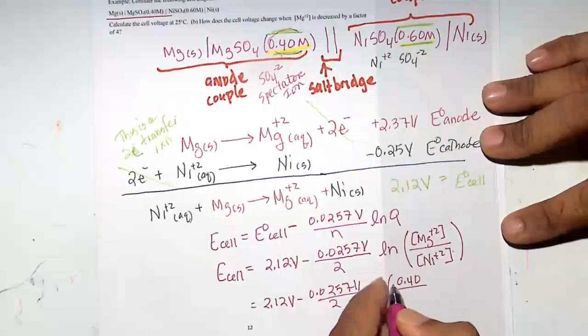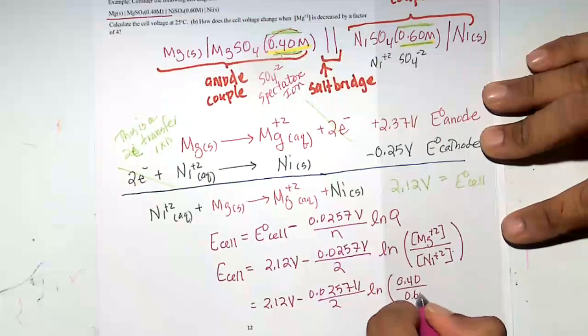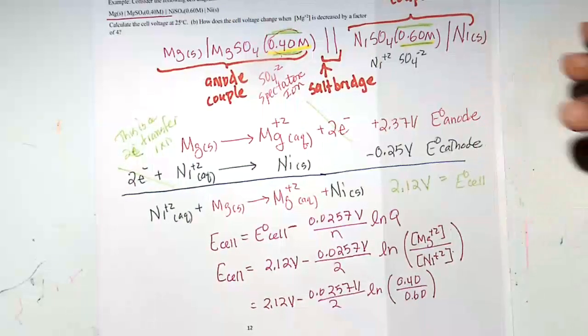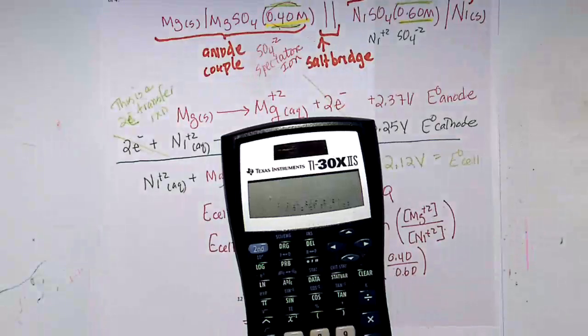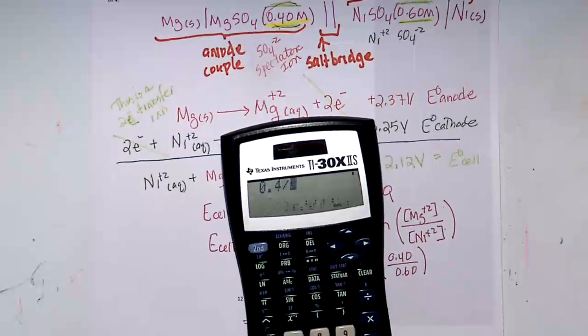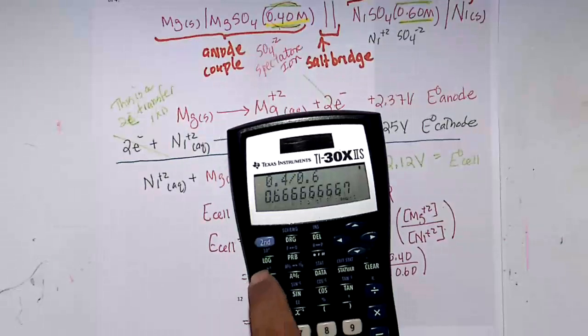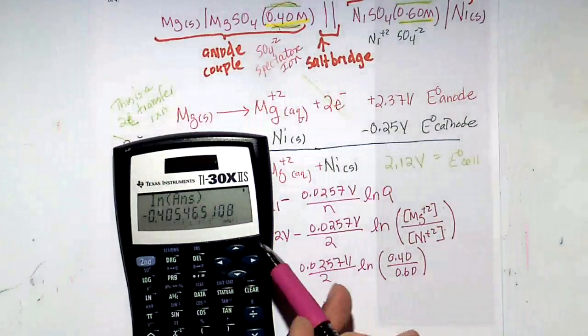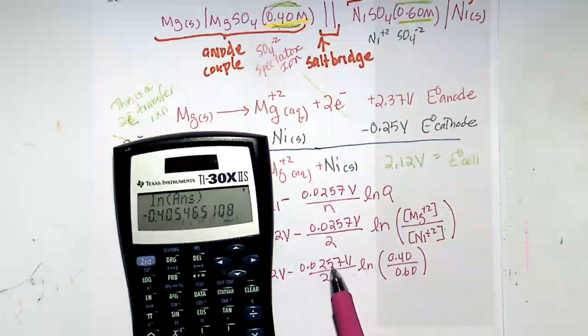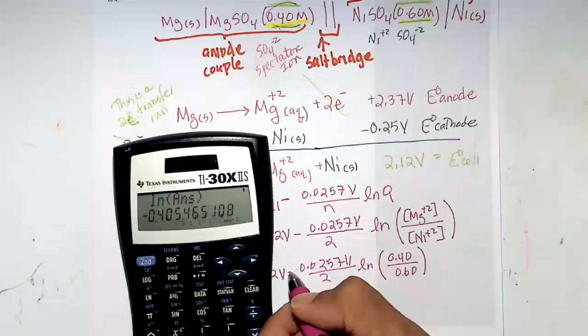Okay, 0.40. Nickel plus 2 is 0.60. Okay, can we do this on our calculator? All right, let's do this on our calculator. 0.4 over 0.6 is 2/3. Okay, and the natural log of 2/3 is negative. Everyone see, I'm going to take the natural log of this and multiply it by negative 0.0257.